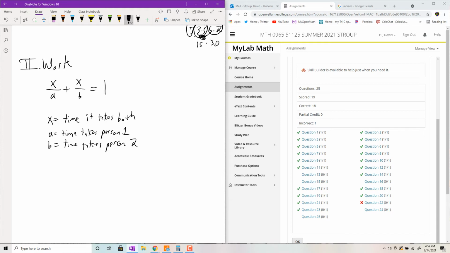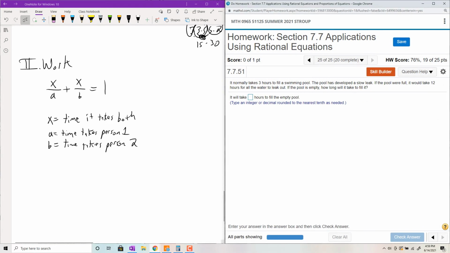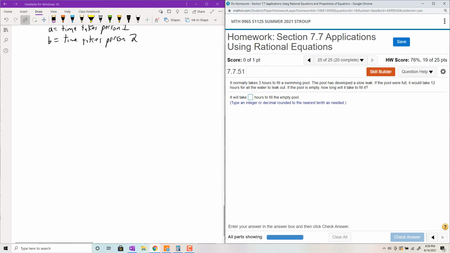Okay, so let's look at one of these problems. Where did my questions go? Here we are. Okay, so here's a typical kind of problem. It normally takes 3 hours to fill a swimming pool.